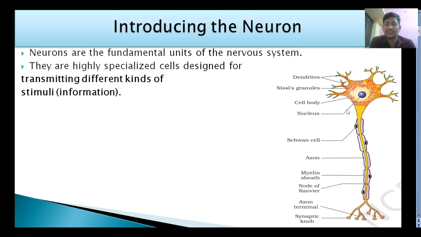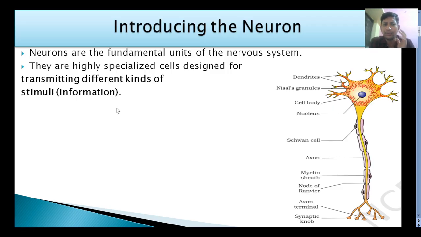We know that these are the structural and functional units of the nervous system, and these neurons are highly specialized and designed for transmitting different kinds of stimuli or information from one nerve to another nerve.